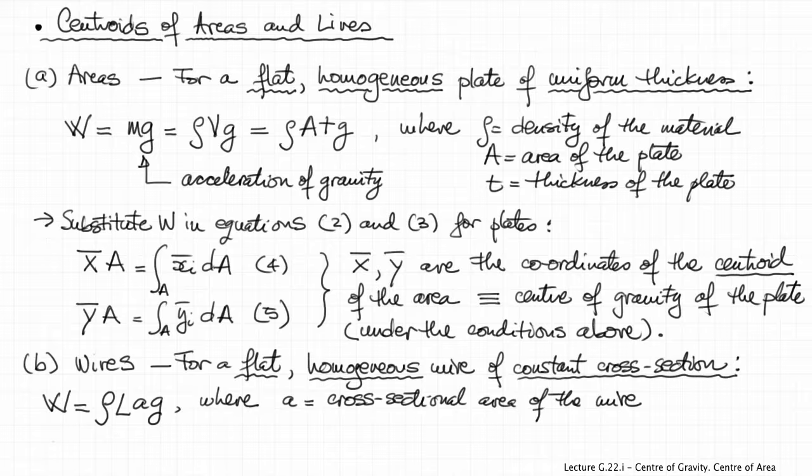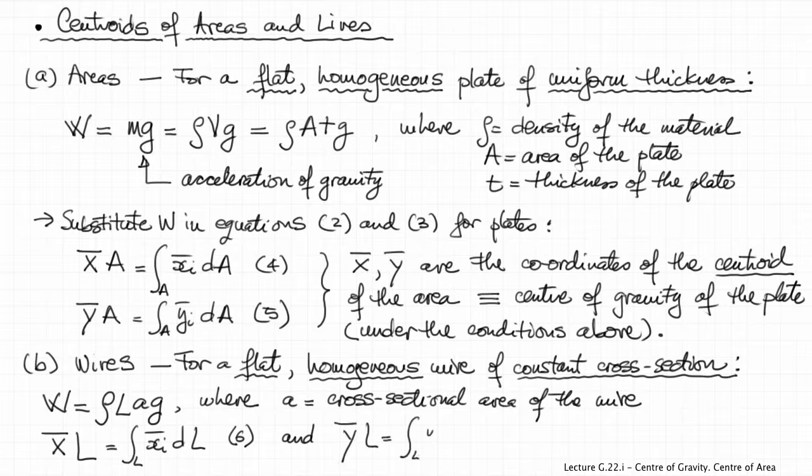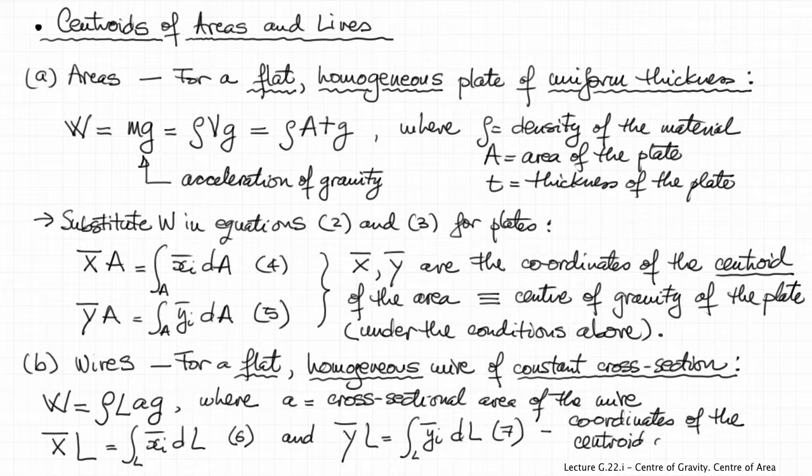And that will be x bar times L equals the integral over the length of the line of x_i bar dL, equation number 6, and y bar L equals the integral over L of y_i bar dL, equation number 7. And these two equations are also very important because they help us determine the coordinates of the centroid of the line or wire. So again, two sets of very important equations.